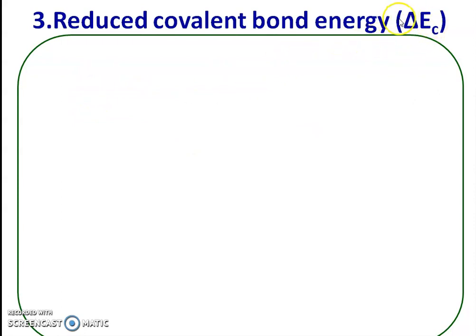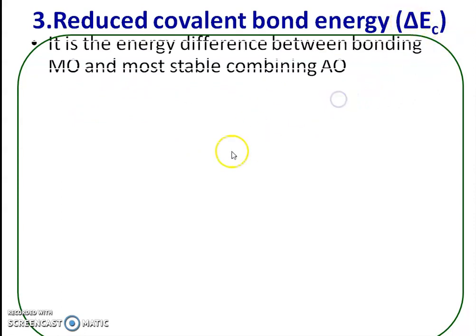It is denoted by delta EC. Now what is covalent bond energy? It is the difference between the bonding molecular orbital and the most stable combining atomic orbital. So this difference is called the covalent bond energy.